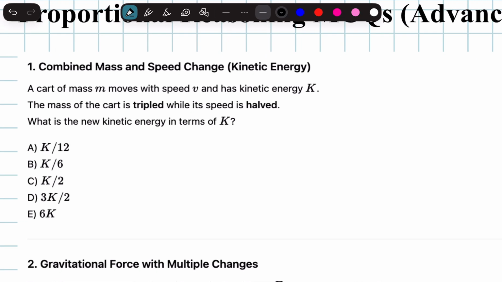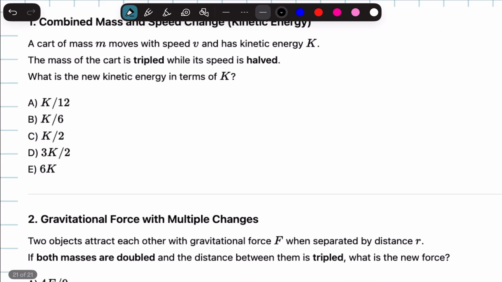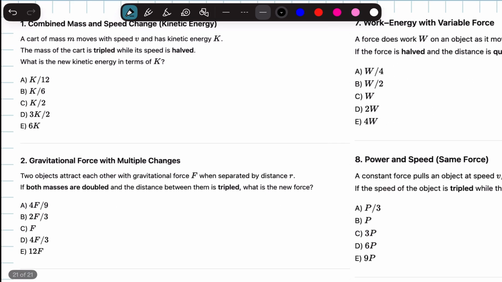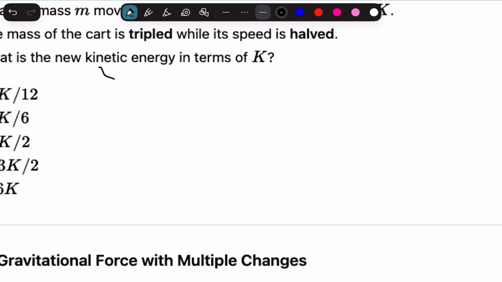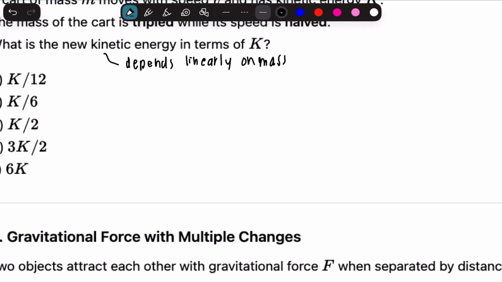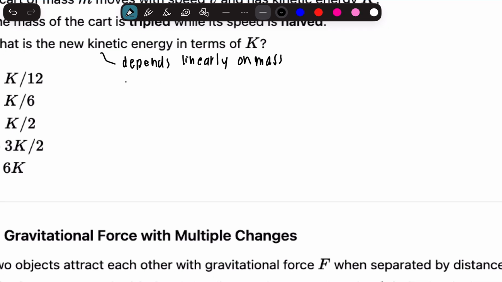We want to approach this problem by talking about how kinetic energy depends linearly on mass, and also quadratically on speed.